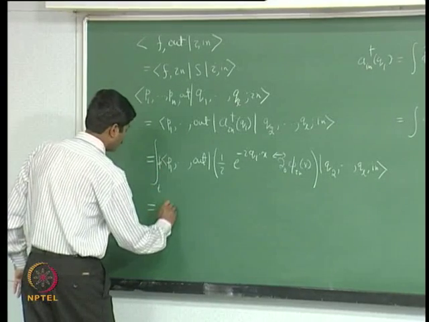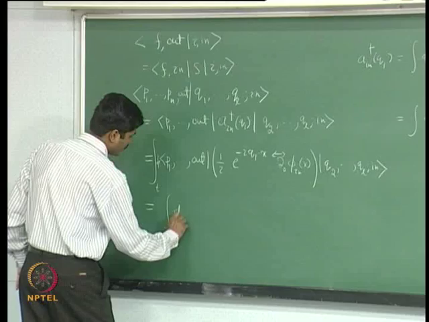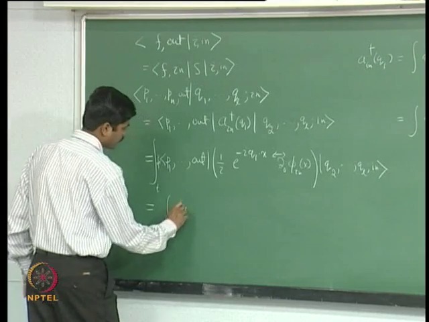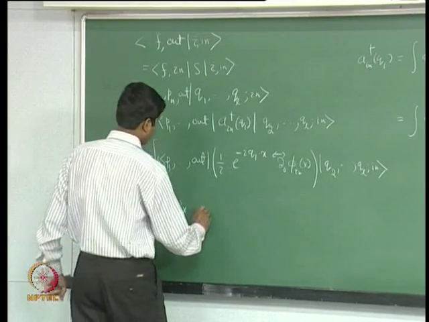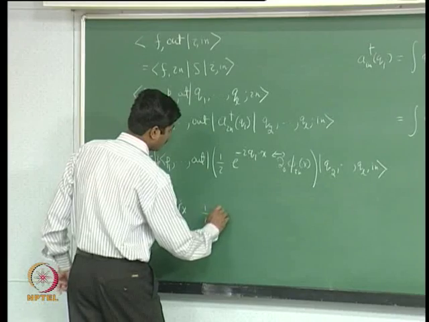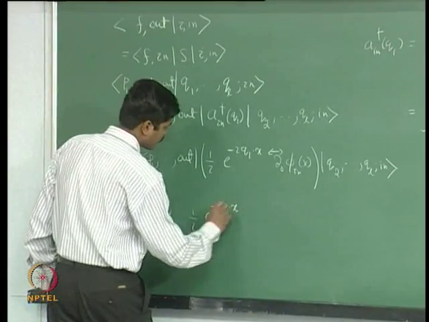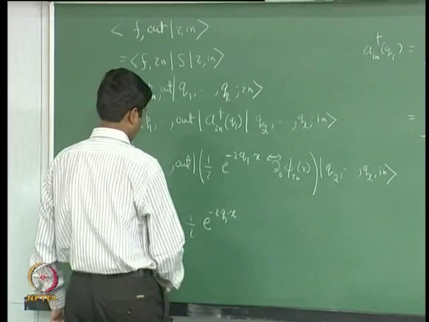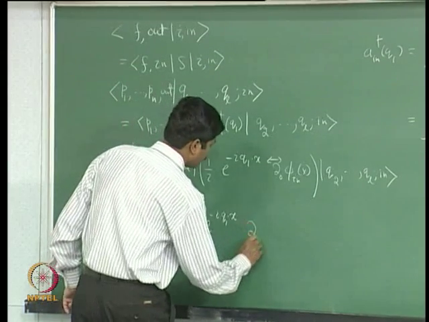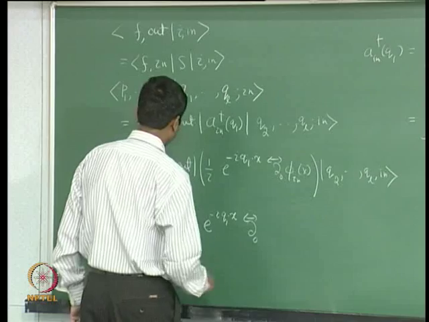This is equal to the integral d cube x, 1 over i e to the power minus i q1 dot x del 0.